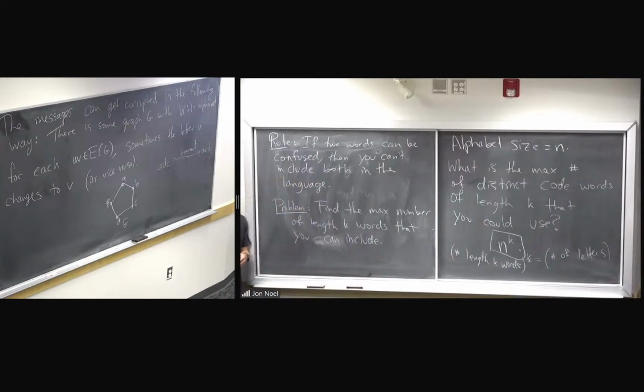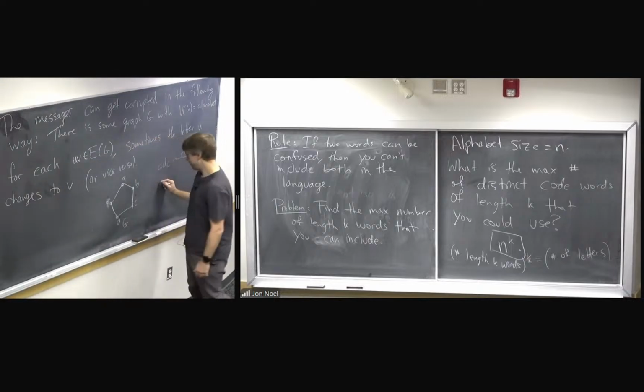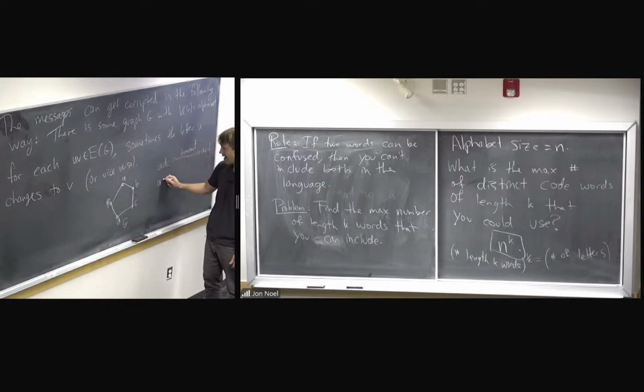When you transmit a word, does the error happen independently of each letter? Like, would it do different things to two different A's, or does it always do the same thing to different A's in the same word? That's a good question. It's totally independent. So if I sent, for example, AAA, they could receive E, A, B, or something.